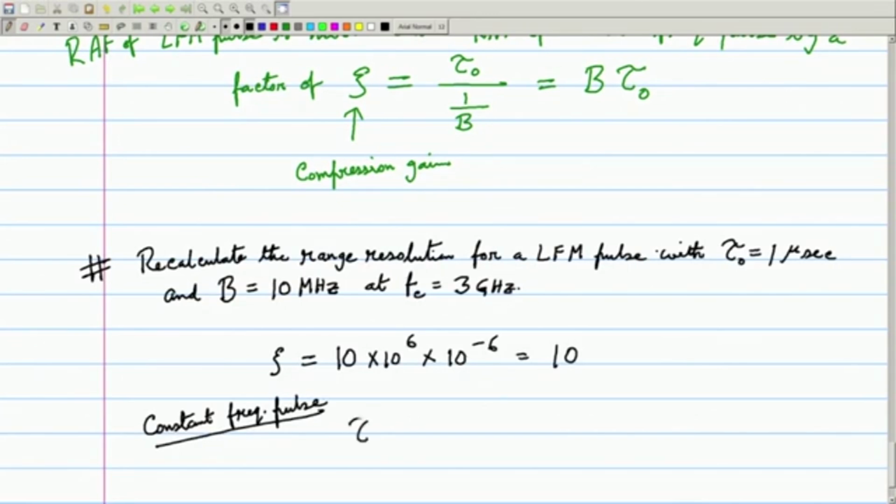Now, the range resolution or the delay resolution came as 2/3 into tau naught. So, 2/3 into tau naught, with tau naught 1 microsecond, is 2/3 microsecond.